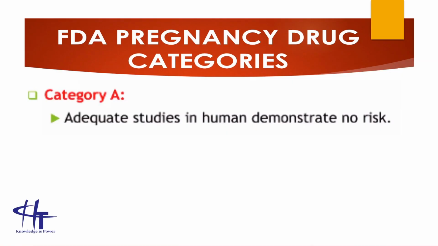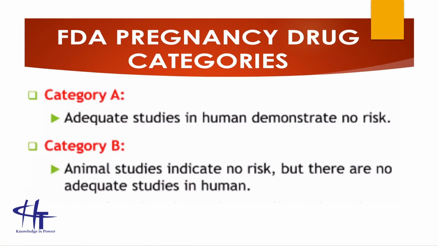And we said there are basically 5 categories. We have category A, where we said that these are safe to be used in pregnancy because studies have demonstrated no fetal risk to humans.